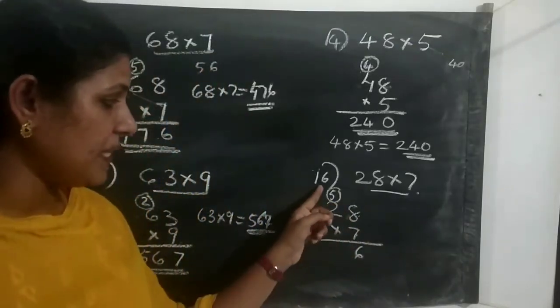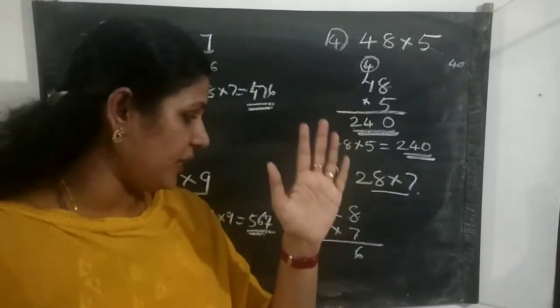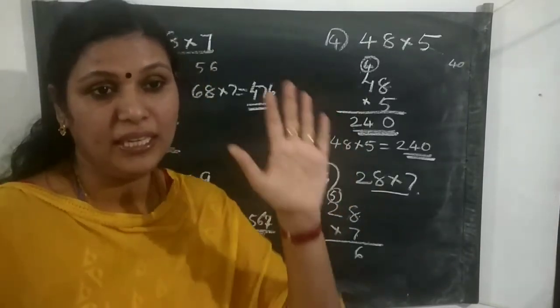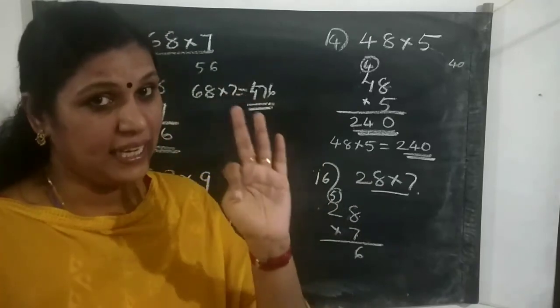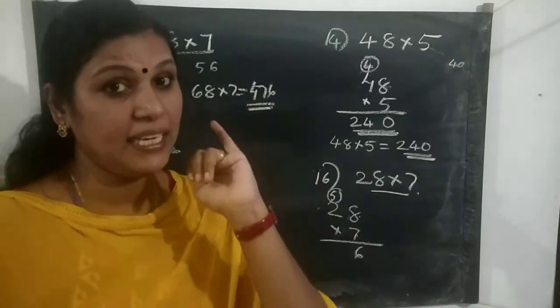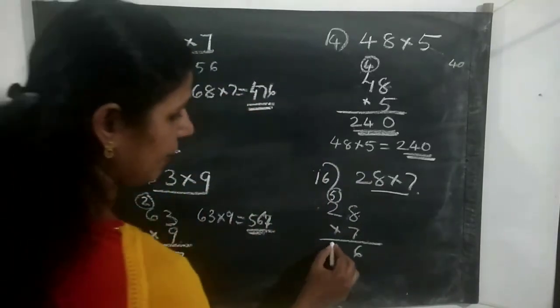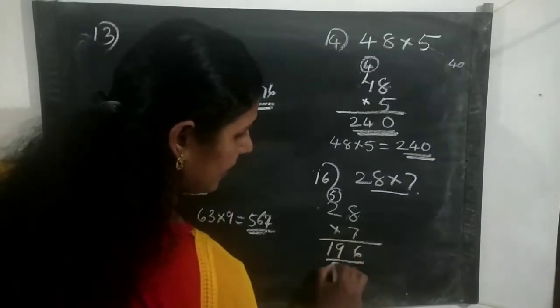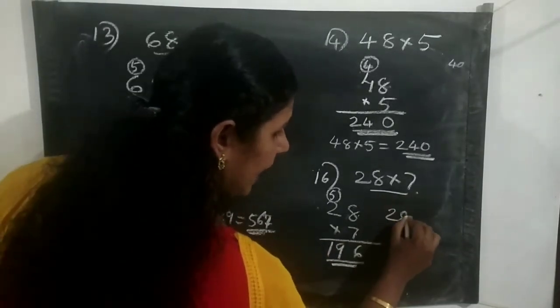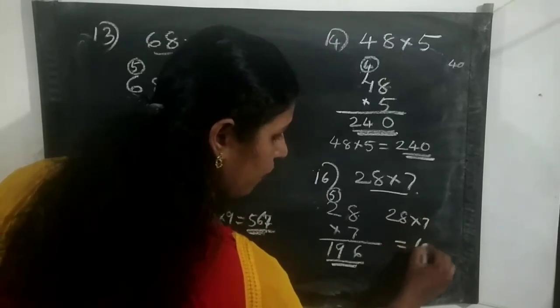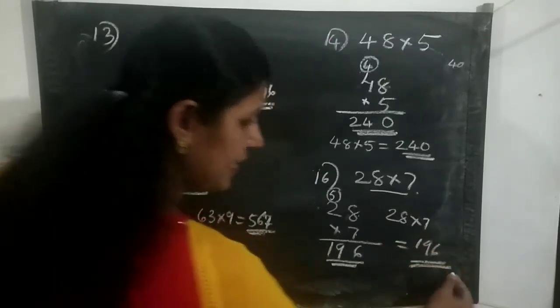Then 14 plus this 5 is what? 15, 16, 17, 18, 19. So we get the number as 19. So the answer is 28 into 7 equal 196.